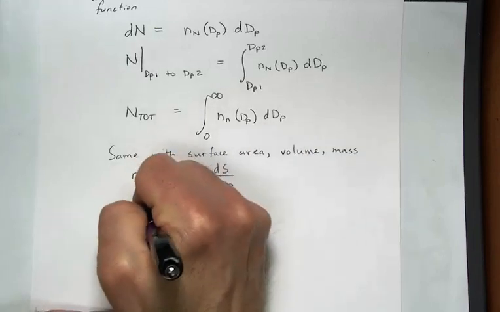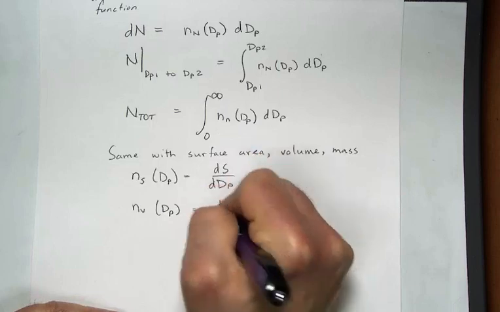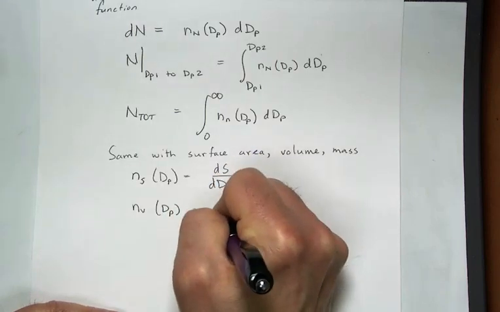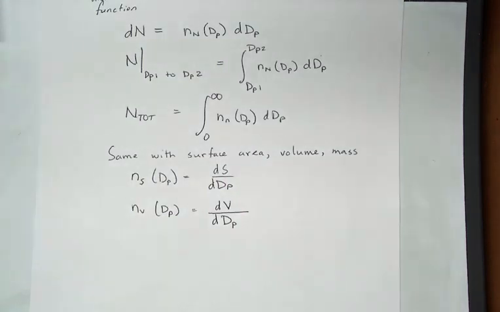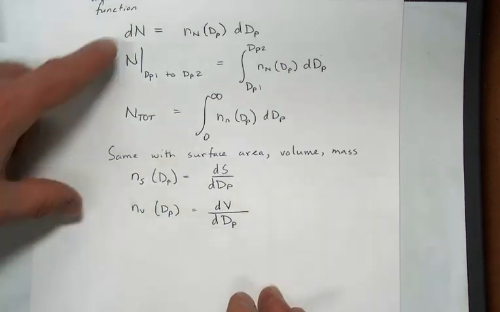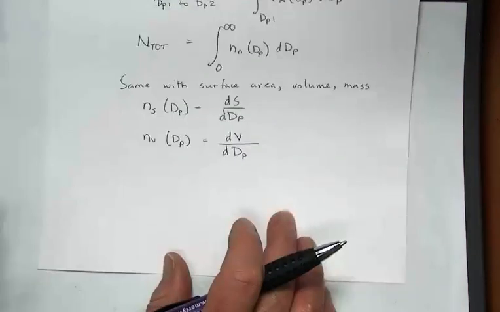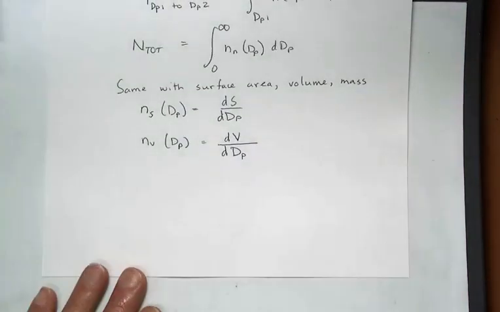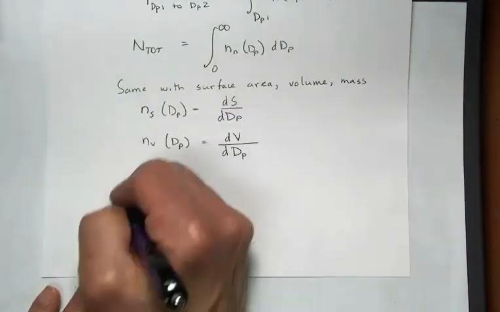Or the volume distribution function could be the differential amount of particle volume divided by the differential bin width. But number, surface, and volume of spheres are related, or of any shape. But if you know the shape, you can do the conversions between these.